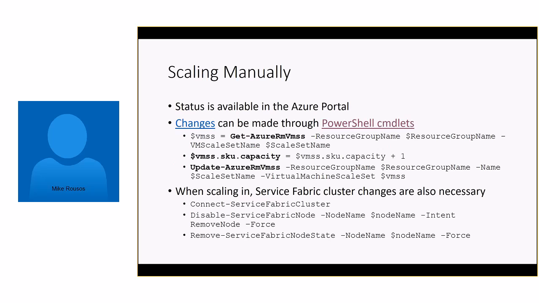One of the properties on it is .Sku.Capacity, which will give you the size of the scale set. So if you have 5 instances, it'll say 5. You can then change that and call the Update-AzureRmVmss commandlet, passing that updated object back in, and that will resize the scale set. So it's that easy from a command line to change the size of a scale set and therefore a node type in Service Fabric.